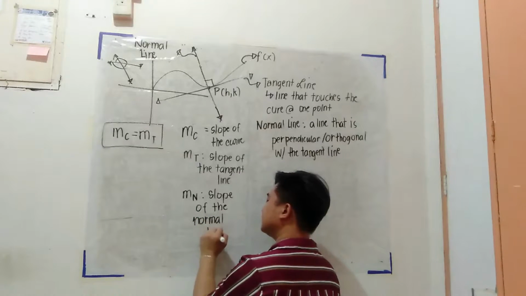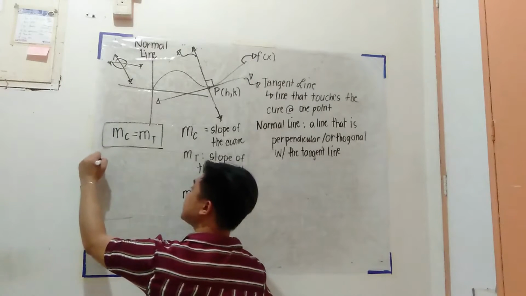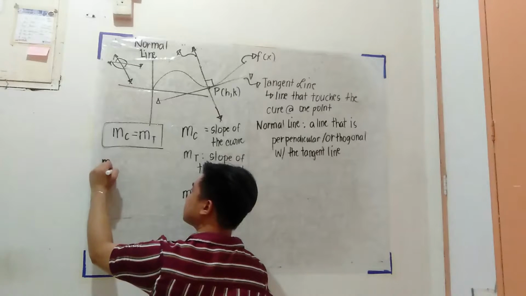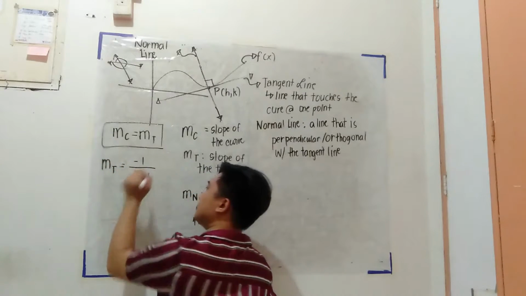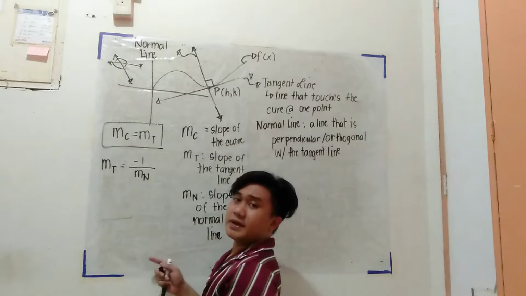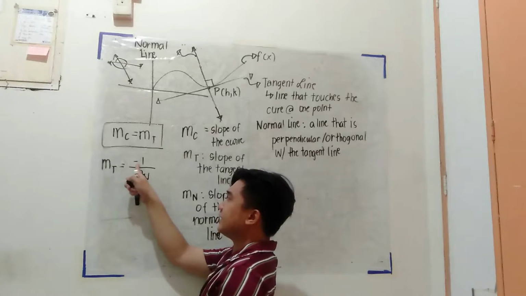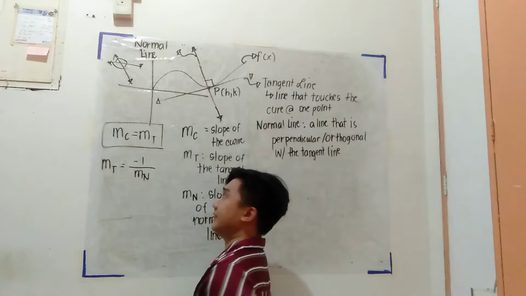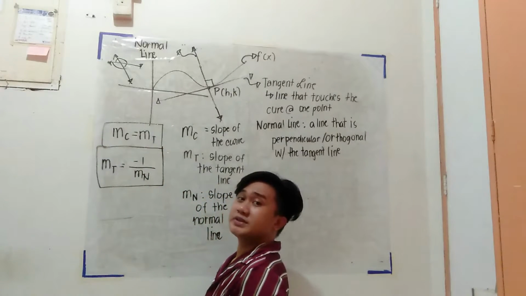Getting back to your analytic geometry, if you have perpendicular lines, the relationship of the other slope is negative reciprocal. So, m of the tangent line is equal to negative 1 over m_N. Do not forget these principles because you're going to use this.